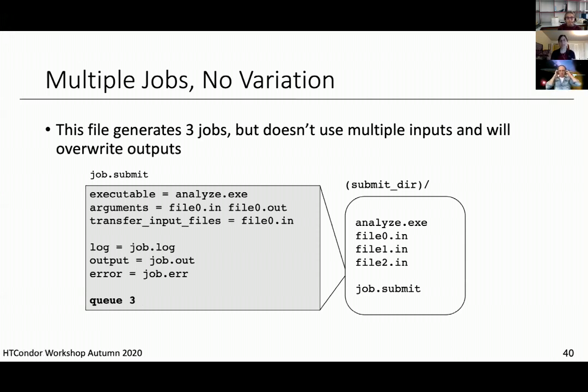So that's great. It doesn't quite do everything we need though, because there's nothing changing in the top part of the submit file. So it'll basically submit the same exact job, analyzing this first input file 3 times. So that's not quite what we want.